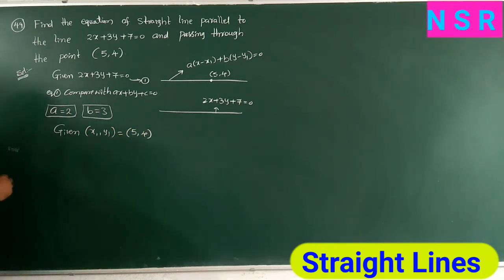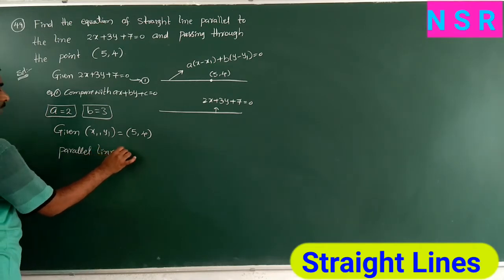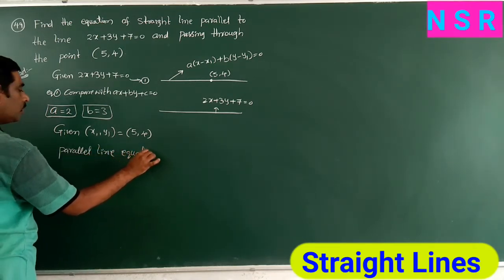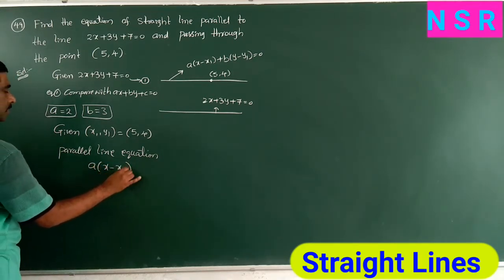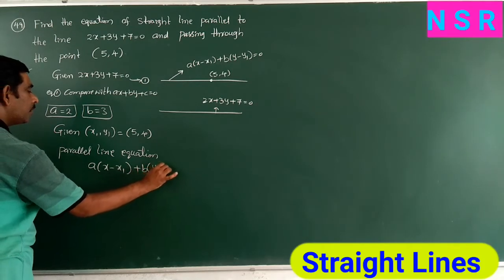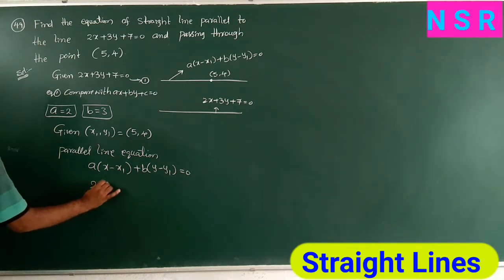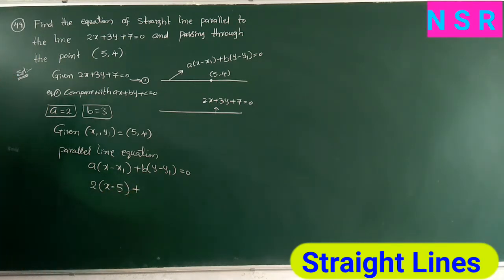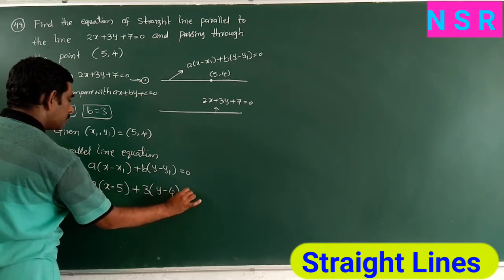Now we have to find the parallel line equation. What is the parallel line equation? a into x minus x1 plus b into y minus y1 equal to 0. Substitute the values. Here a value is 2 into x minus 5 plus b into y minus 4, that is y minus 4 equal to 0.